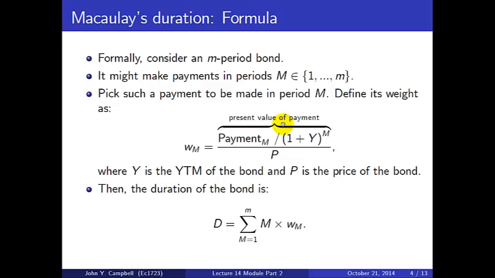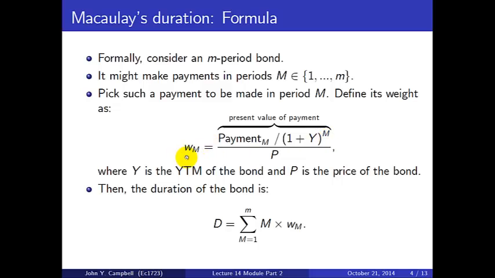Now, when we calculate that present value of the payment, we're going to take the dollar value to be paid, payment M, and we're going to discount it using the bond's yield. So we'll divide by 1 plus y to the power m. All right.